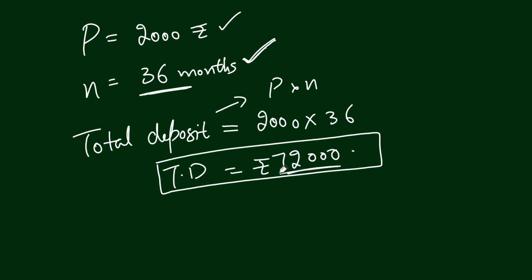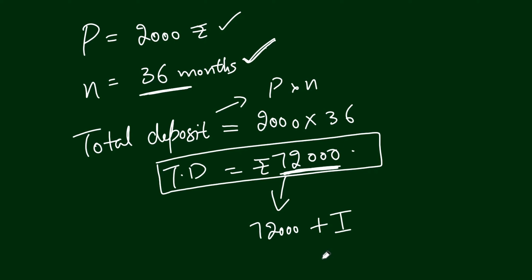Does it mean the bank will give me only 72,000 rupees? Is the bank going to give me any benefit since I deposited a sum of money in their bank? Yes, they are going to give me this 72,000 rupees, which is my total deposit, plus they will give me some interest with it. You have studied compound interest and simple interest. Whatever you deposit in the bank gives you that money back.